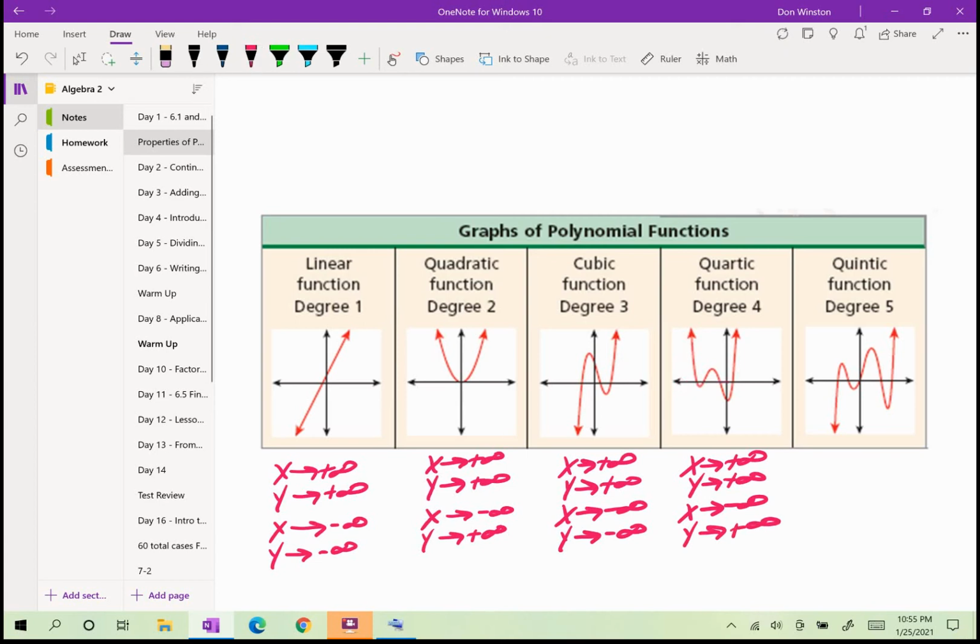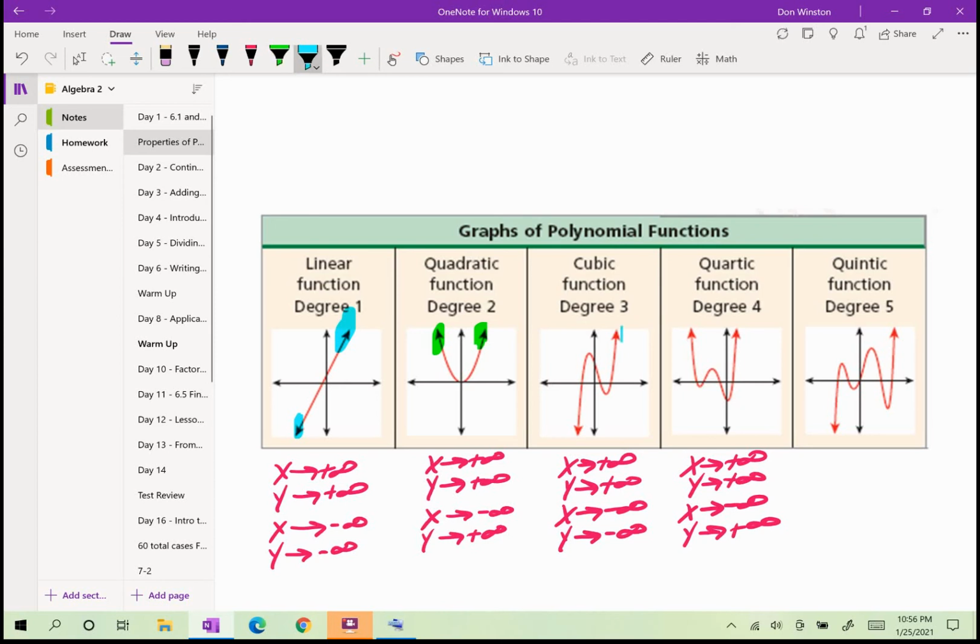I want you to notice though, for an odd degree polynomial, the end behaviors go in opposite directions. Degree 1, the y values are going up on one end, going down on the other. For degree 2, or even degree polynomials, the end values go in the same direction. They're both increasing. They're both going to positive infinity.